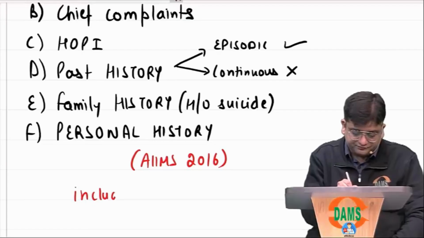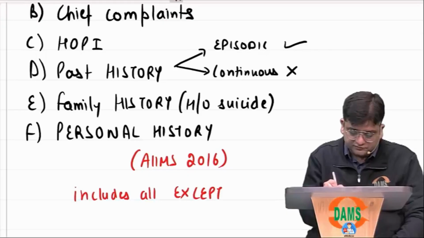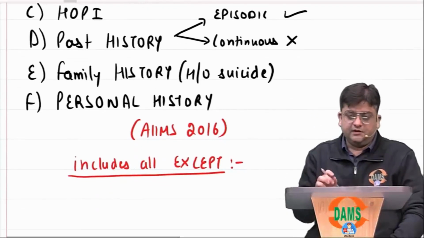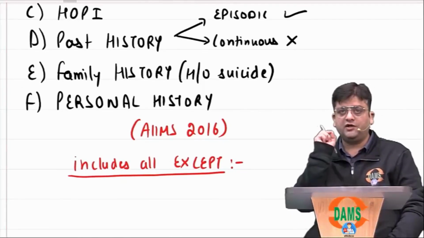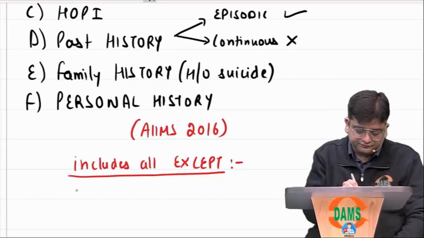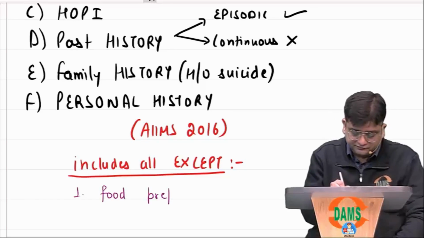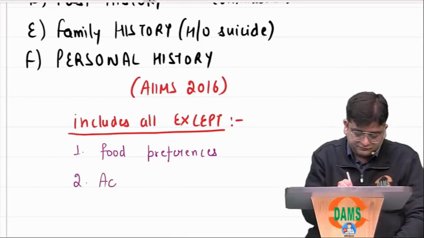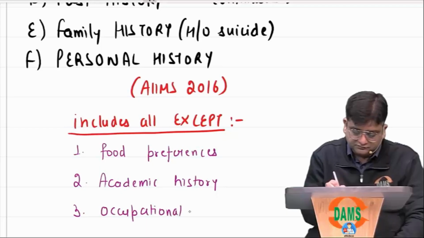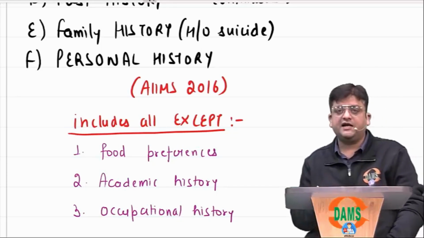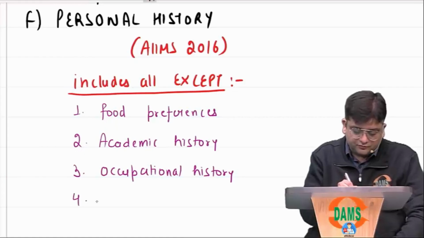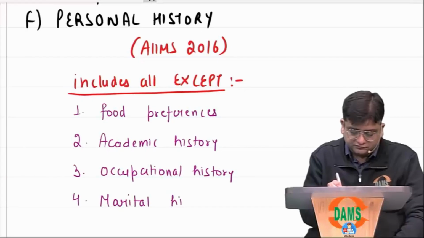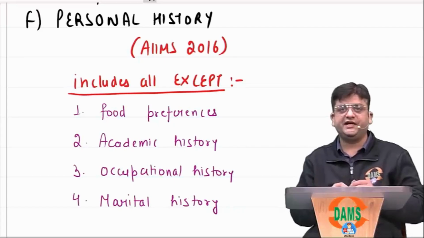The question was, psychiatric personal history includes all except, and the options were food preferences, academic history, occupational history, and marital history.